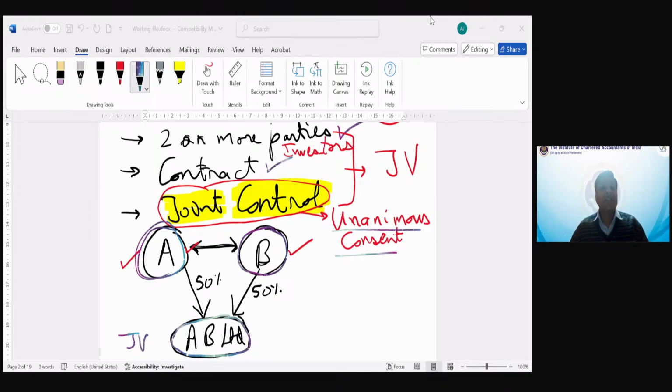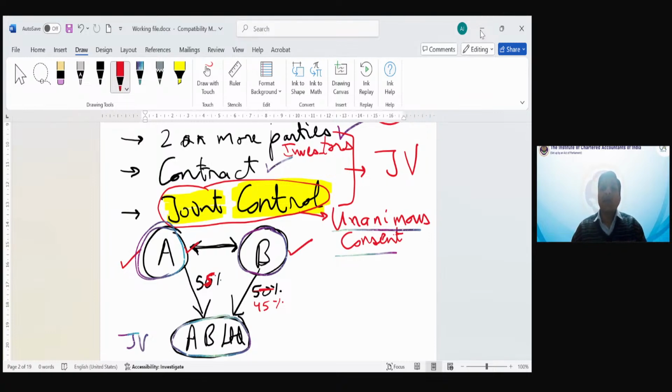Kasak is asking, sir, is it necessary that both of them have 50% each? No, it's not necessary. It may happen that both of them have, say, 55 and 45%, or it could be 60-40, or it could be 30-70. So the percentage shareholding is not necessarily required to be equal. Why?